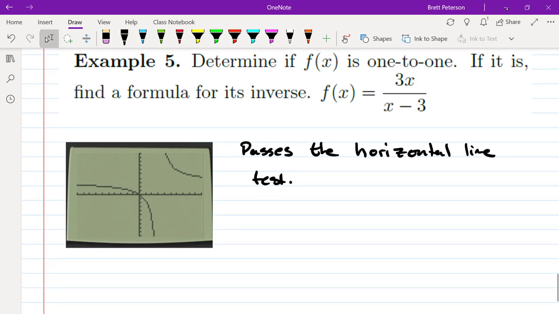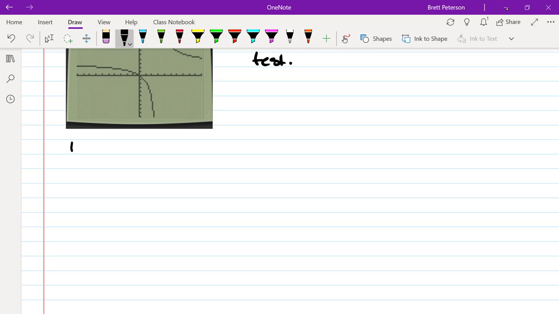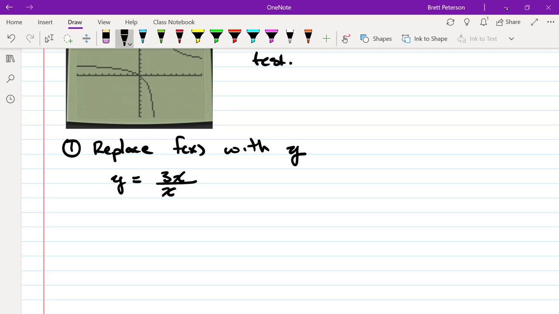Alright, so then to find the inverse of a function, we're going to do the following 4 things. Step 1, we're going to replace f of x with y. So that gives us y equals 3x all over x minus 3.